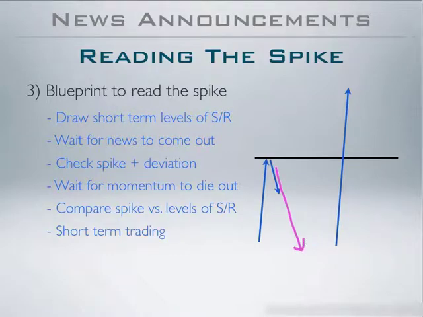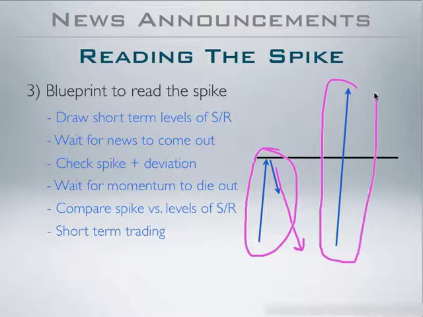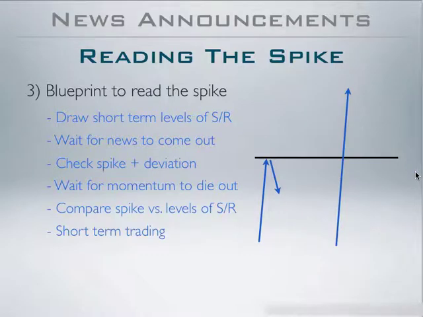That extra edge you got by gathering this information, by reading the spike around those key levels of support and resistance, you are going to lose it unless you are able to benefit from it, unless you are able to find your entry within the next few hours. Now, I cannot really pinpoint a specific number of hours, 2, 3, 4. It really depends on every market condition.